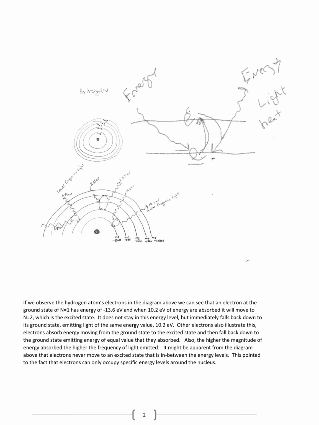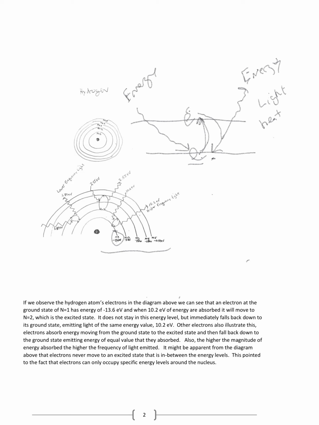Okay? And what I did down here on the bottom of the page, so if we observe hydrogen atoms, electrons in the diagram above, so I'm explaining this here, we can see that the electron at the ground state, n=1, down here, has energy of negative 13.6 electron volts.